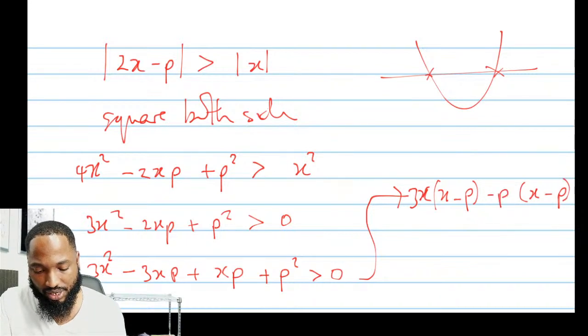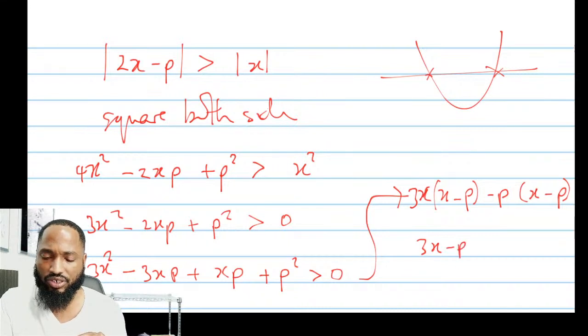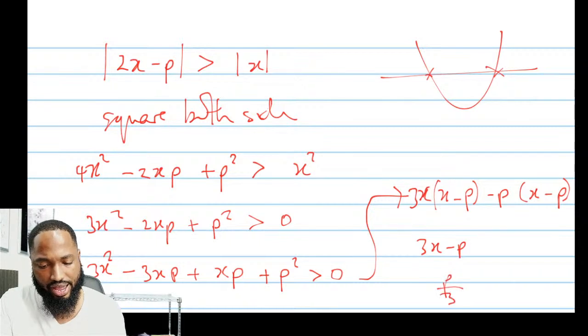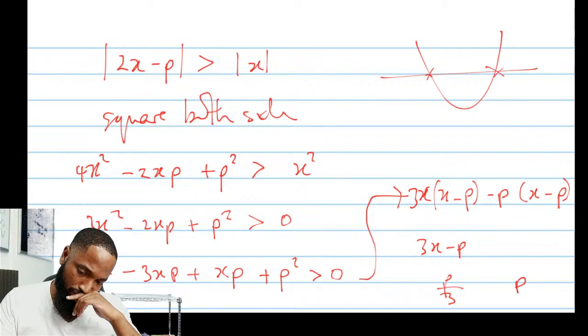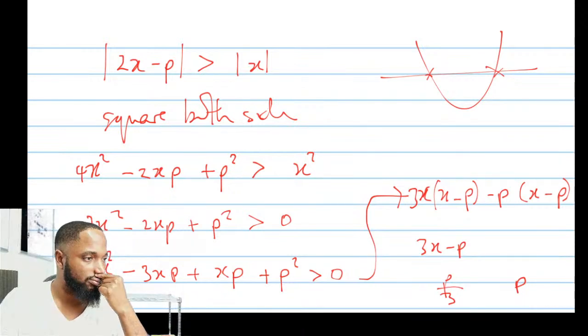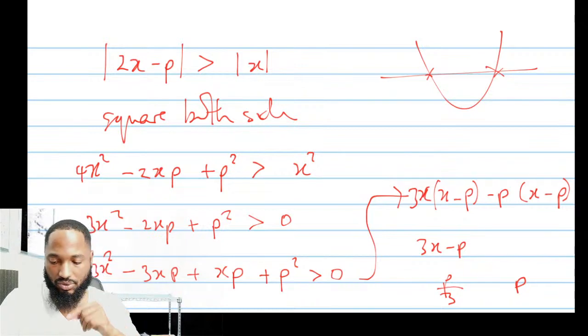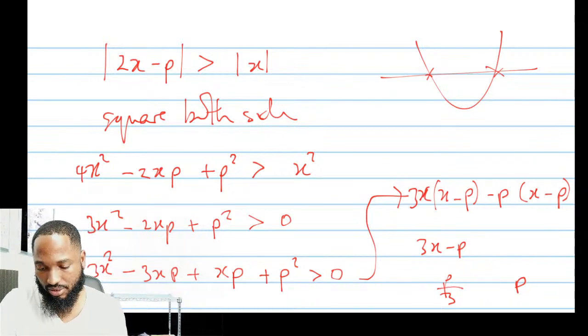Negative p... 3x minus p... I made a mistake. 2 by 2, negative 4xp.